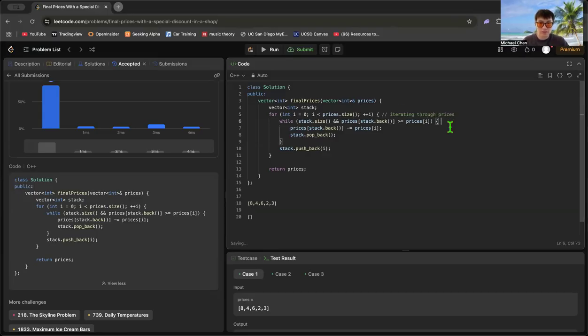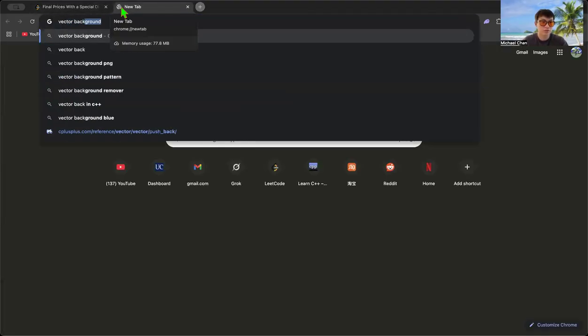While stack not empty and prices of stack back. What does vector back return?